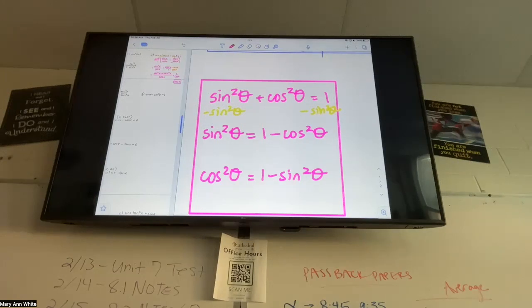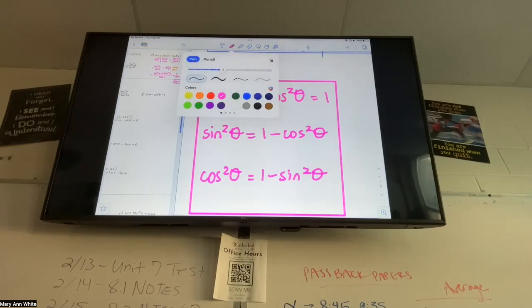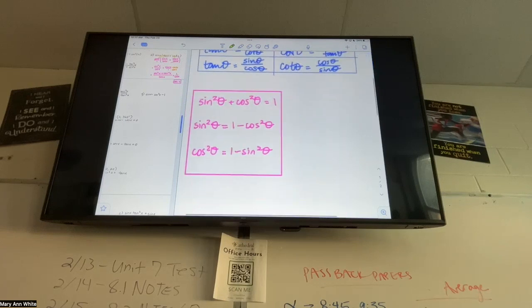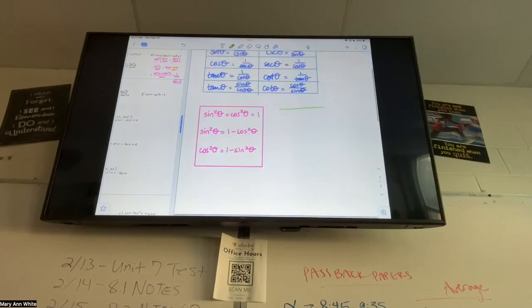We could see it in different ways, so I like to make note of all the different ways that I could visualize this. So those are all tools that we're allowed to use and allowed to replace, okay? Now, I'm going to manipulate it even farther to give you a new set of identities. So I'm going to give you essentially 6 more, but we'll start with just 3 more right now.